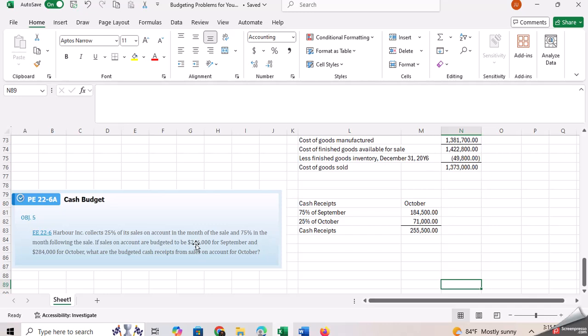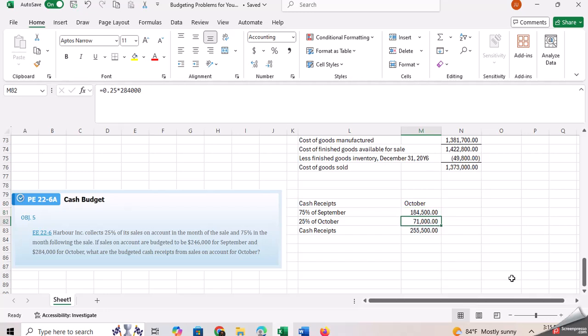So if we have budgeted sales of 246,000 for September, 284,000 for October, what do we think the cash receipts will be for October? So we'll have 75% of the month prior, which is September. If you look at my formula there, I've got 75% times the $246,000 to get to that 184,500.